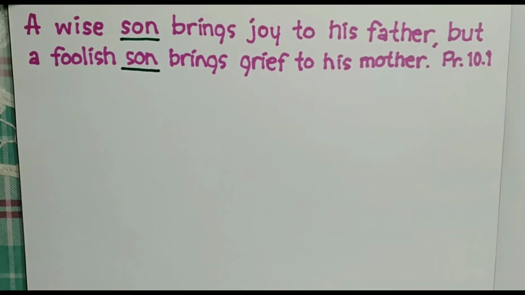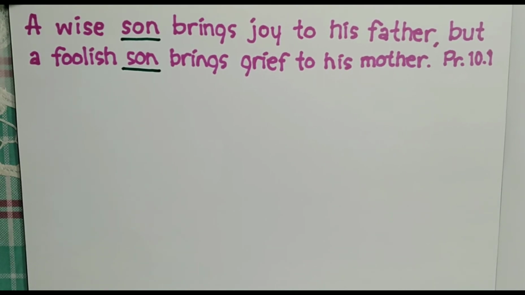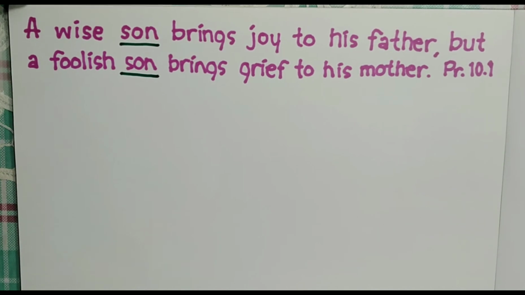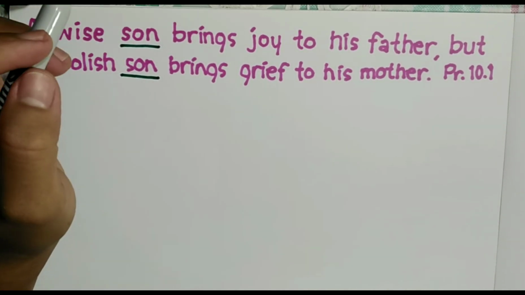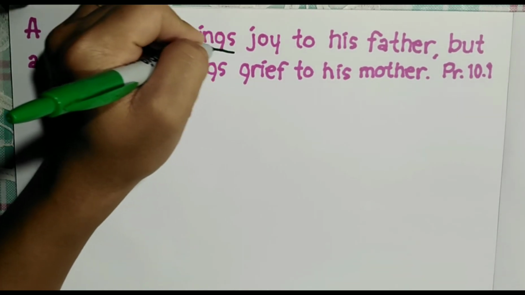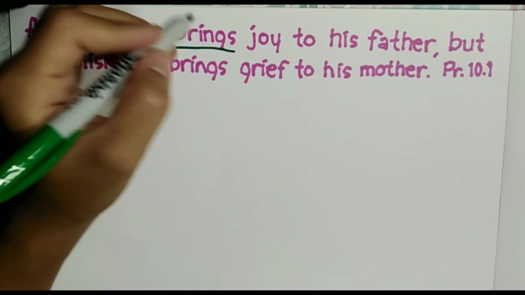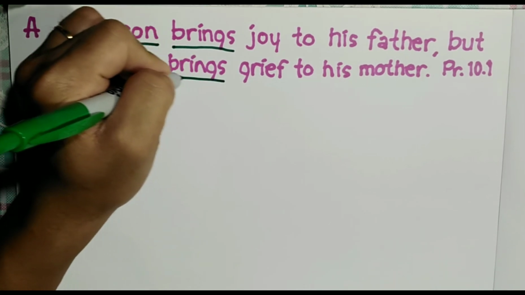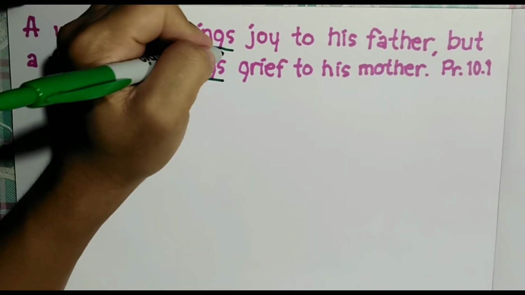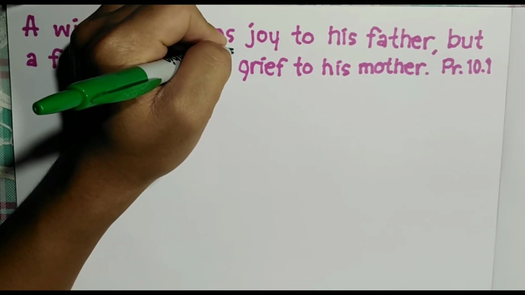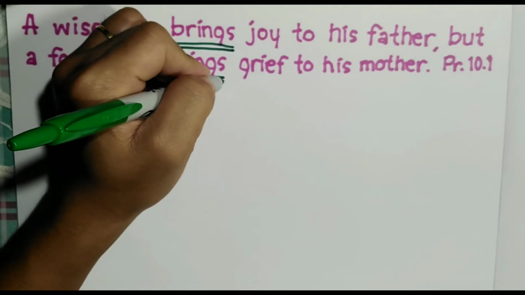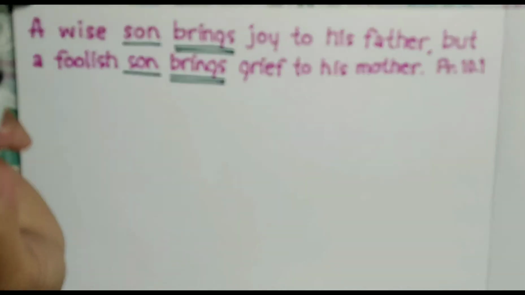Very good. Now, do we have a verb here or verbs? Okay, very good. We have the word brings, and then another brings. Now let me underline the verb twice, and then the other verb twice.